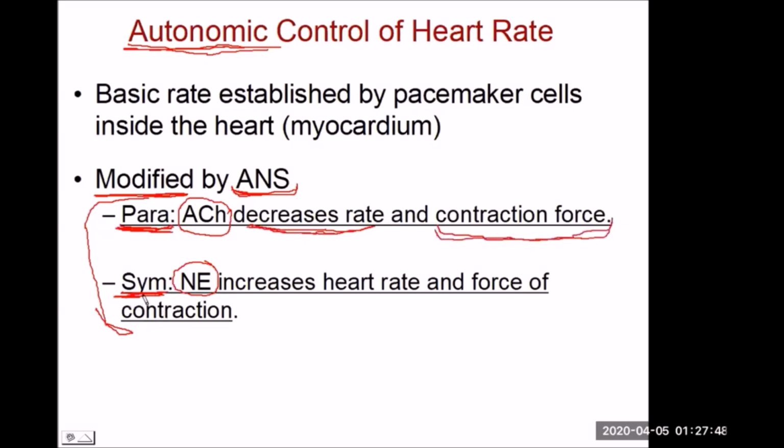Whereas the sympathetic, the fight or flight, when we need more blood pumping, where we're consuming more energy, using our muscles, norepinephrine, or just simply NE for our purposes, will lead to that increase in the heart rate to really get the blood pumping and have the heart pump with more force. So per beat, we're propelling more blood. All right, so that'll finish up this second part of the system, the pump.